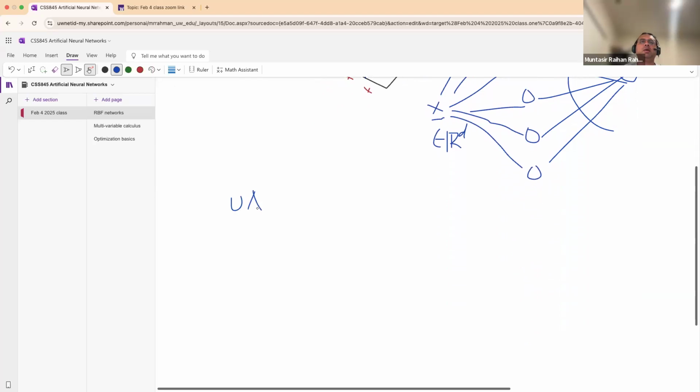Then we talked about the universal approximation theorem for continuous functions. We sketched the proof idea that if you have a sigmoidal neuron, then you can have a layer of infinite sigmoidal neurons, and if you put them together, you need two sigmoid neurons.